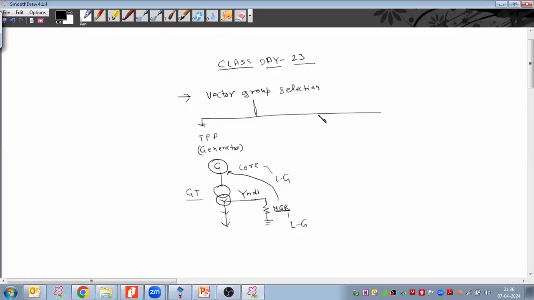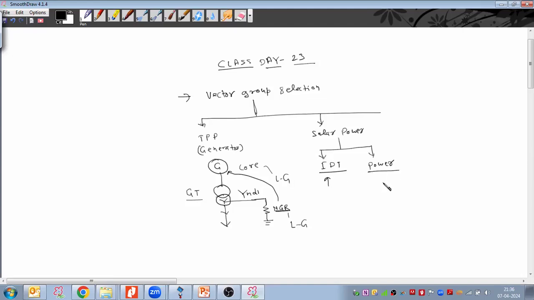So what we discussed in case we have a solar power plant, in that case, what vector group we use, and we discussed that in a solar power plant we have two kinds of transformer. One is the inverter duty transformer, and second is the power transformer. So in case of the inverter duty transformer, we have discussed what vector group we selected. We select, right? That yesterday we discussed.